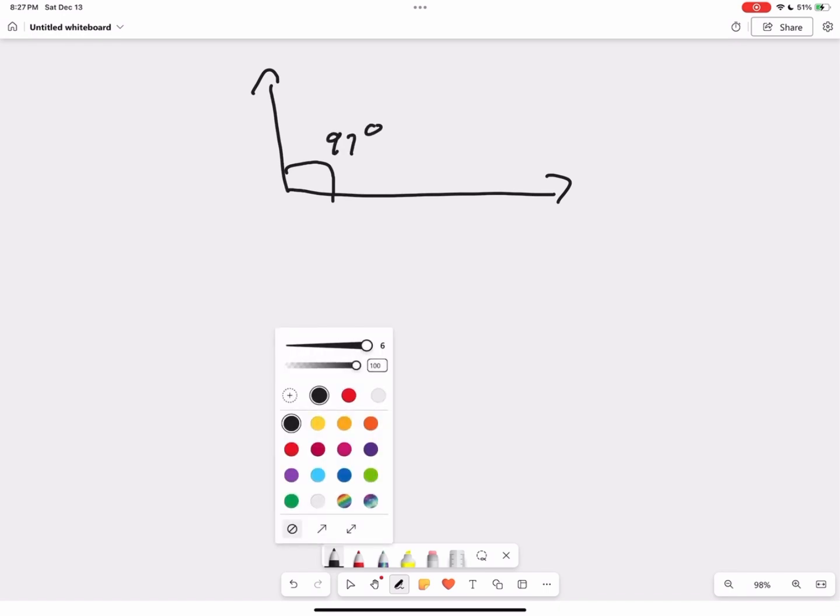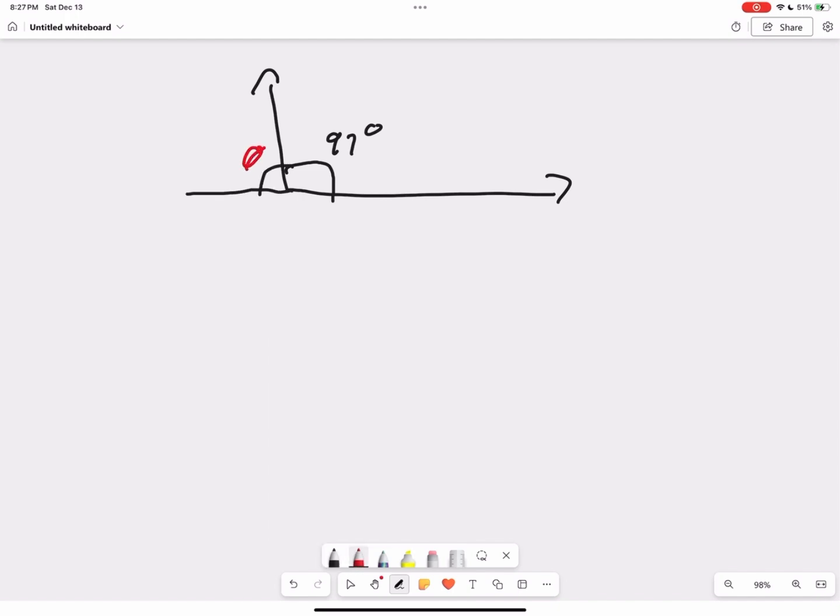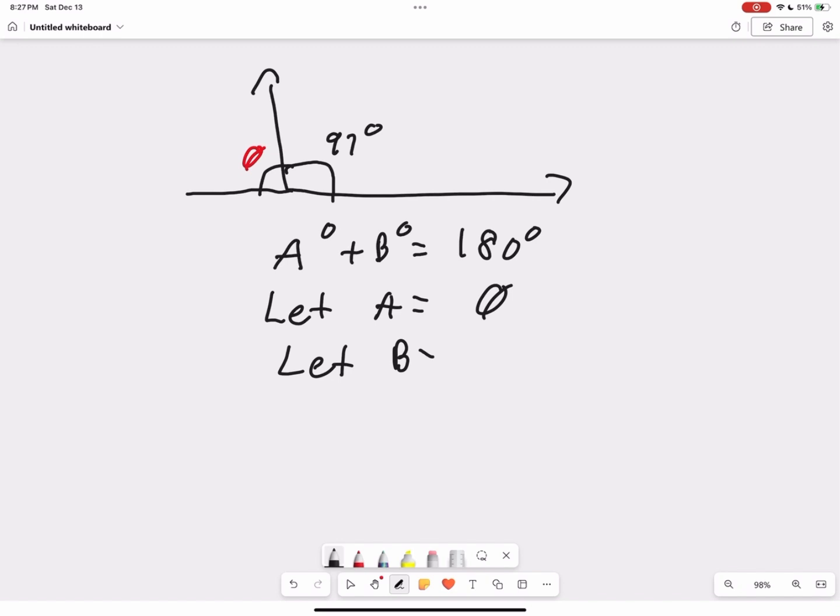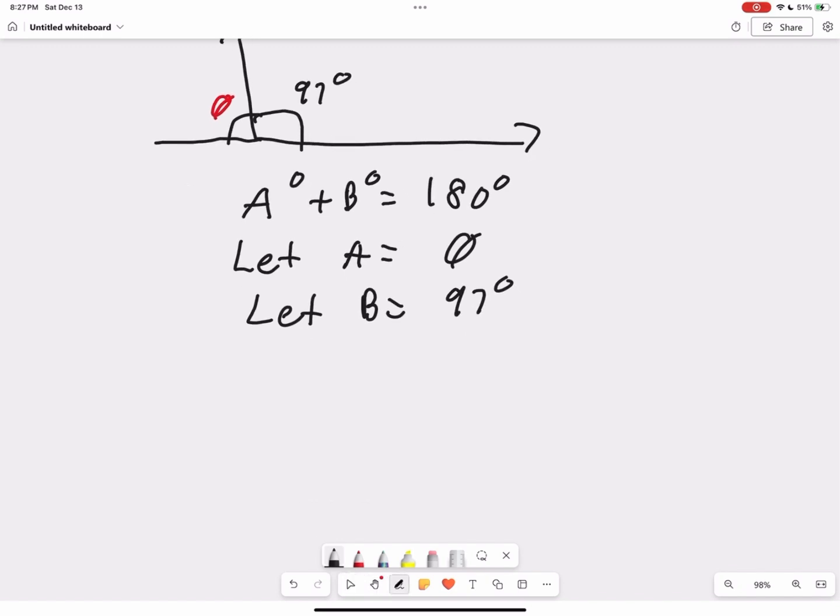So let's extend our circle, call this theta, and let's use the formula. Angle A plus angle B equals 180. Let A equal theta. Let B equal 97. So now, remember, when you let A equal theta, that means you can plug in a theta for the A in the formula.